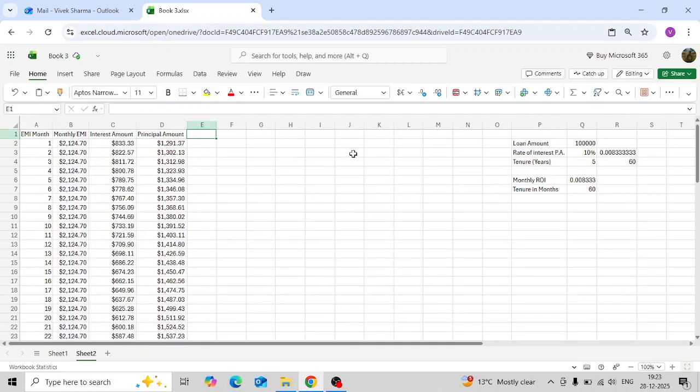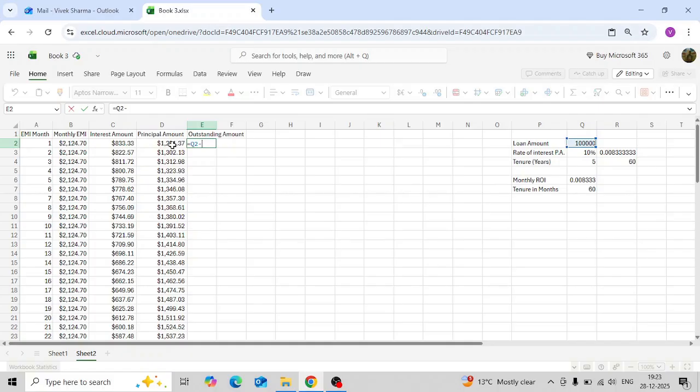Now we calculate the outstanding amount at each month after paying our monthly EMIs. After paying our first EMI, how much outstanding balance would we have left? It's nothing but the initial loan amount, that is my total outstanding balance at the start of my EMIs, minus my first principal amount.